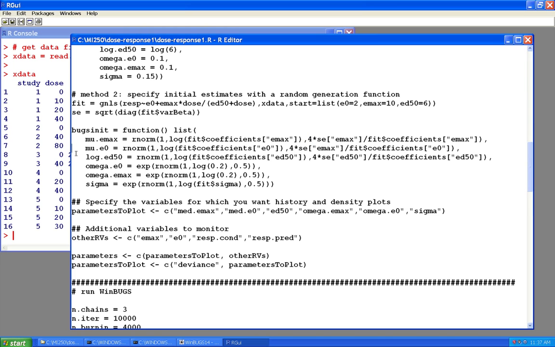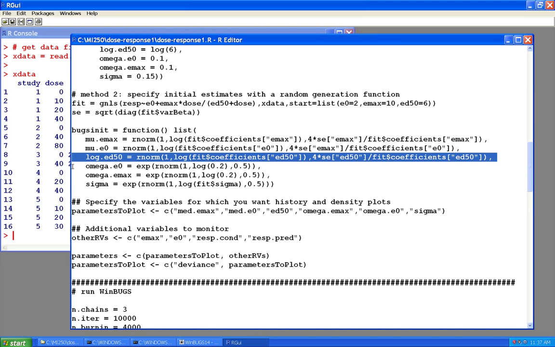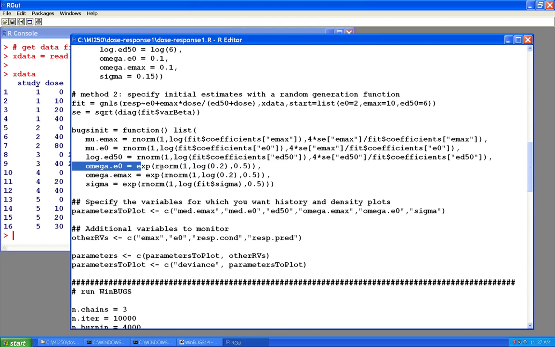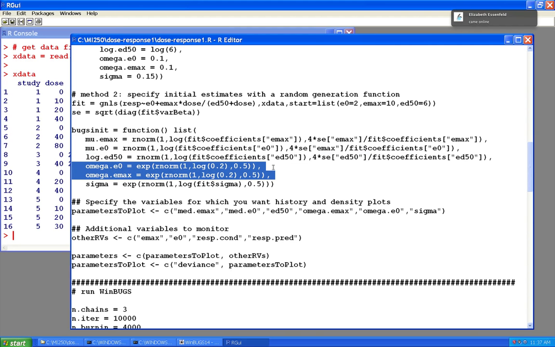I do the same thing for E0 and for ED50, taken from that. In the case of the variances, well, there are actually standard deviations for the inter-trial variation. Those you wouldn't get from this crude fit up here. I just said, okay, I don't know, let's try 20% as CVs for this. So I centered them there and put modestly large variation around that.